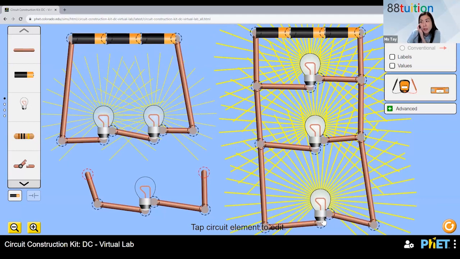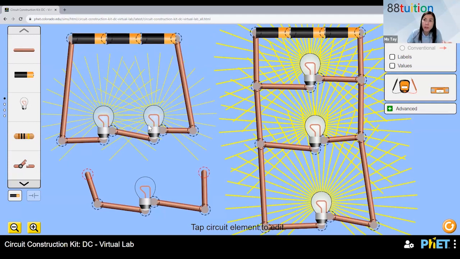The good thing about having a series circuit is the battery lasts longer because it's being shared. But if it's a parallel circuit, imagine I have two light bulbs only, the battery also runs out faster because it's not shared. Every light bulb uses that amount of electricity, so it's times two. Understand already? Good, very good.